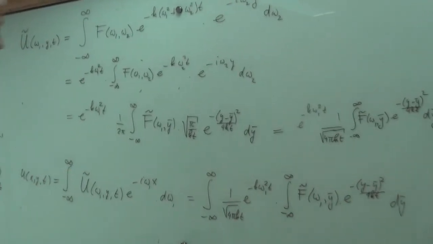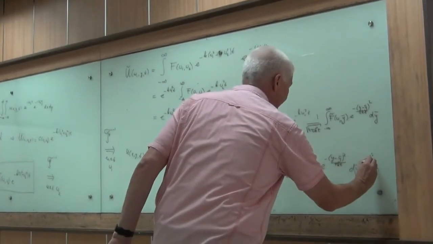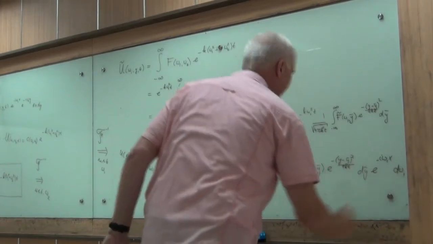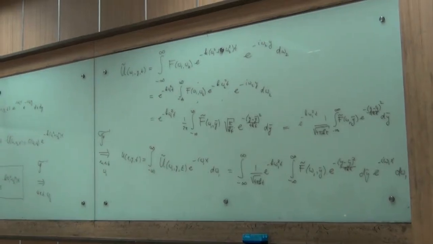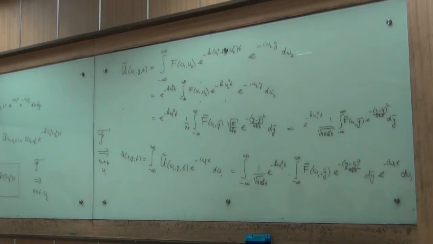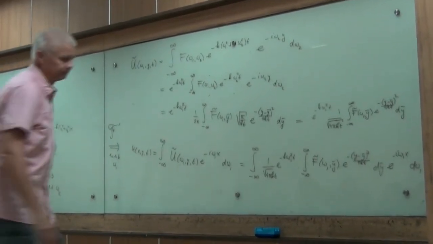And then e to the power minus i omega 1 x, d omega 1. Yeah, you agree? I just substituted in what u tilde was. That's the integral.